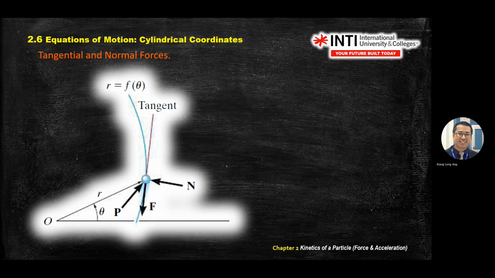You can still do the same. You group all the forces P, F, and N, and they create motion in r direction and theta direction. In this case, there is no z because it is in planar form, two-dimensional, so z is 0.